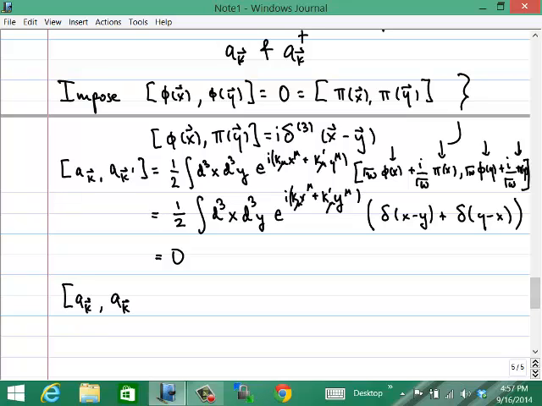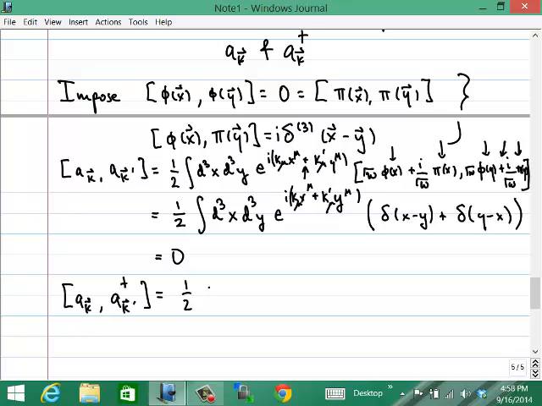if you compute the commutator of AK with AK prime dagger. The only difference of this with the computation I just showed you is that there's going to be a minus sign here because we have to take the complex conjugate in the Fourier decomposition, and there's going to be a minus sign here. So what do you get?